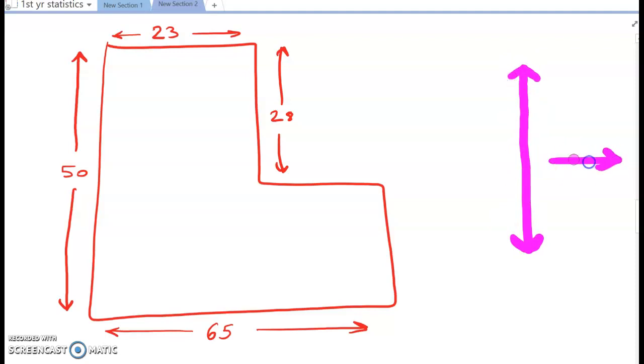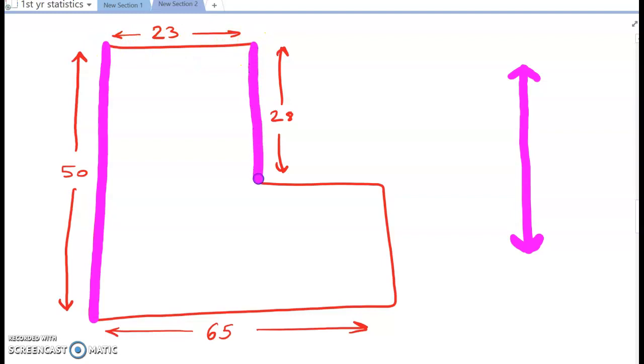Not side to side, up and down. So here's one. I'm going to highlight that in purple. Where else is there one? Yeah, here. Is there any more? Yeah, there's one more over here. Okay, there's all the sides that go up and down.